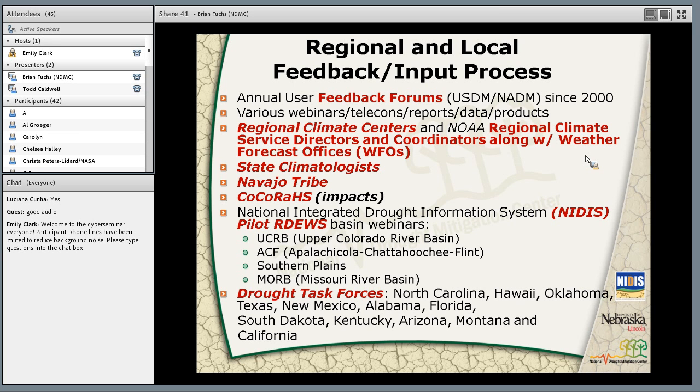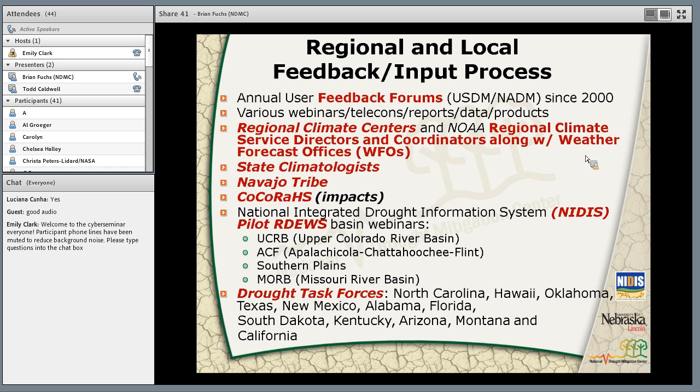The state climatologists are a big player in the Drought Monitor because many of them are at the land-grant universities within their states, and many of them have the connections to the extension agents in the states, and they know the pulse of what drought means in their state and can report back quickly and accurately on these conditions.